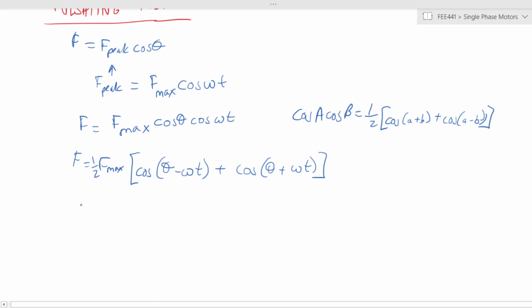Okay. Expanding this fully, we have two different forces acting on any given point.